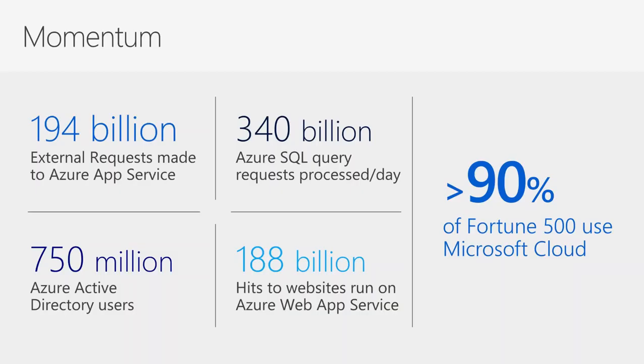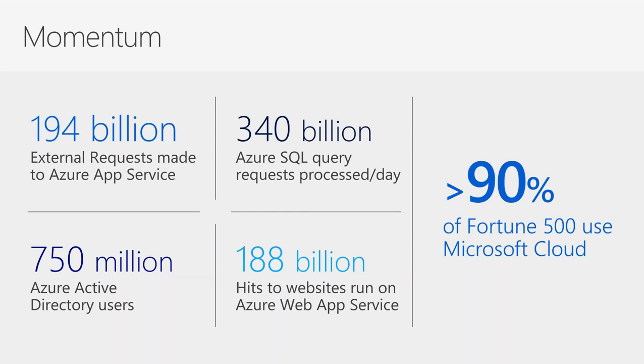At the core of Azure is its global infrastructure that spans 38 regions, and the newest ones were launched in France and Korea. We've also seen incredible momentum in the last year, with over 90% of Fortune 500 companies using Microsoft Cloud. You can see other numbers on this slide: 194 billion external requests made to our app services and 750 million Azure Active Directory users.